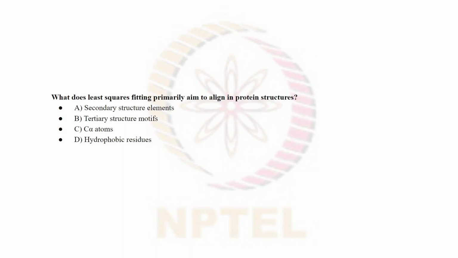What does it consider for the alignment or overlap to happen? We have discussed that least square fitting aligns the structures by finding the best possible match for their... So what does it try to reduce in the overlap?